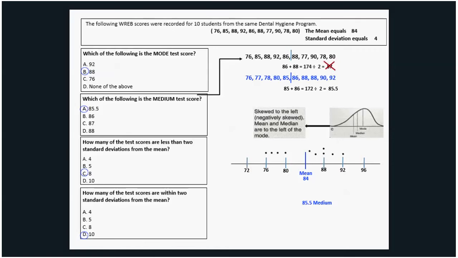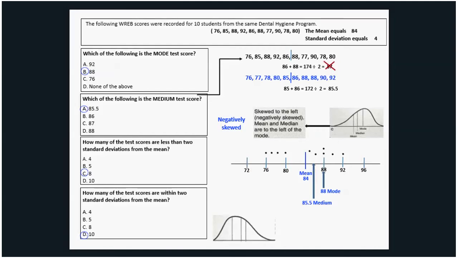Now, 85.5 becomes our median, which is what we had on the second block over here, so it would fall here in this distribution. And then our mode is 88, that's going to fall there. So what we see is our mean is to the left of the median and the mode, and so that makes it a left skewed or negatively skewed curve.